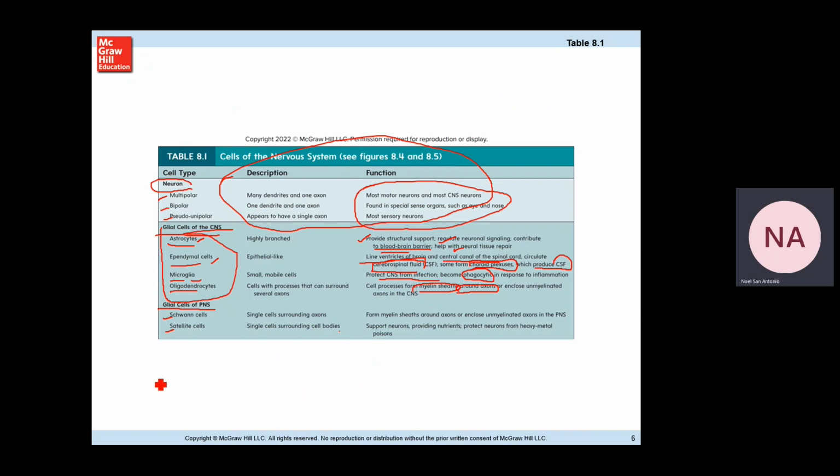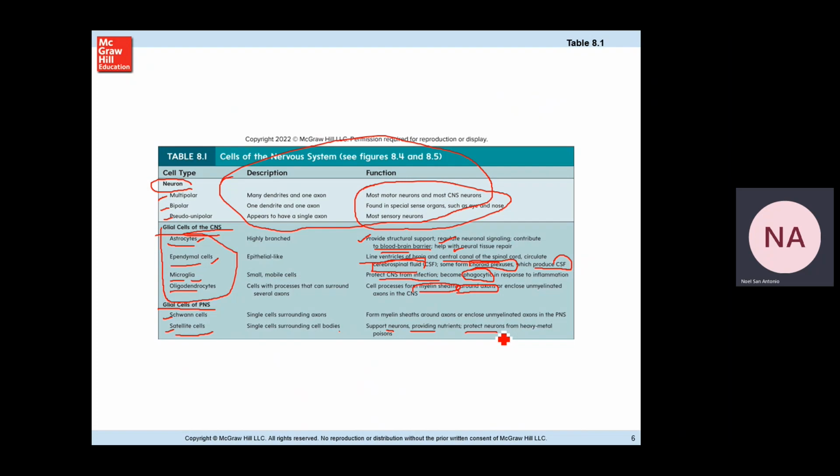So the last glial cell in the PNS are your satellite cells. Satellite cells also provide support to the neurons. They provide nutrients and they protect our neurons from heavy metal.